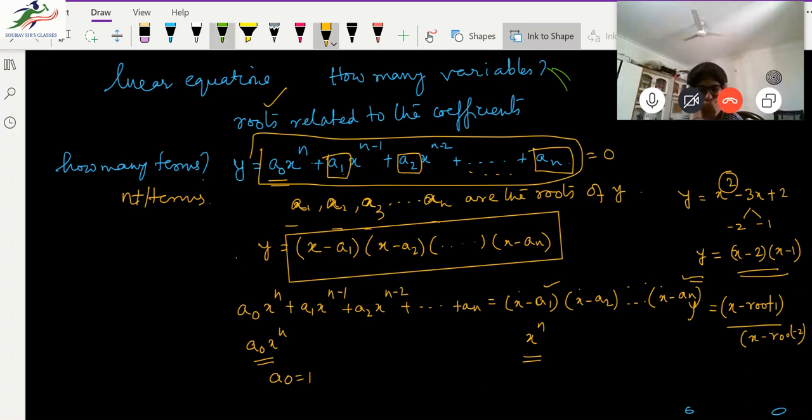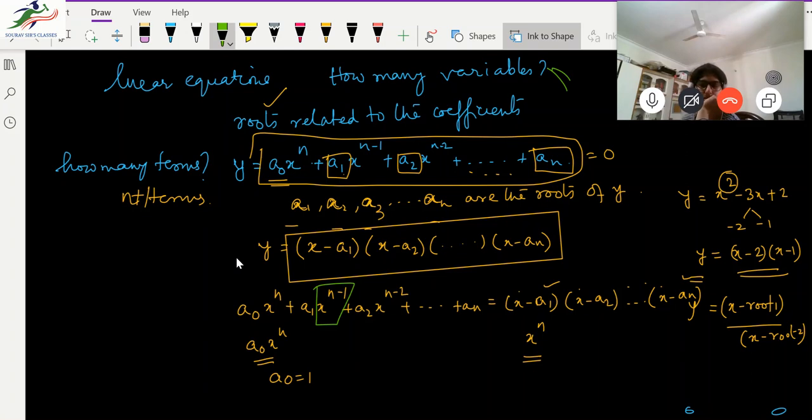Next we come to x to the power n minus 1. How do we get the power of x to the power n minus 1 here? We equated with x minus a2.